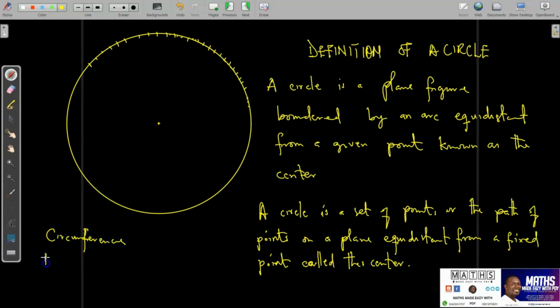Circumference. I heard of diameter. I heard of radius. Yes, what else? The perimeter. Did I hear perimeter? Perimeter will also be the same as the circumference. Okay, I heard of chord. What else?